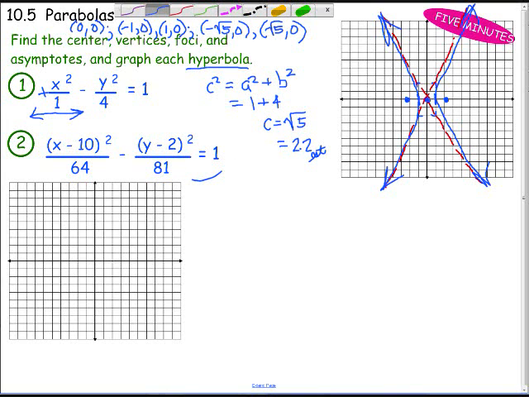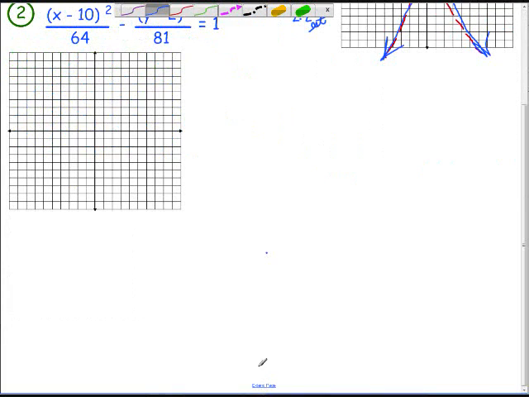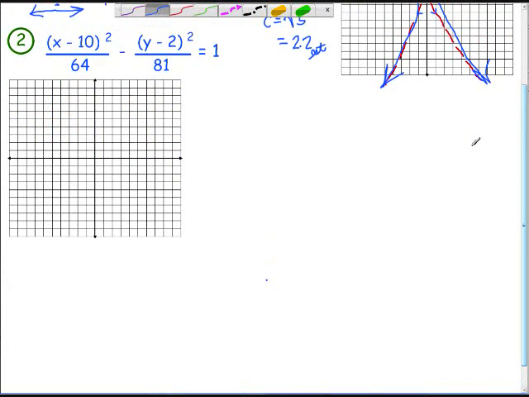Let's do the next one, which looks way more interesting, because where's my center on this one? Maybe I can extend the page, move this up a little bit. My center will be at 10 and 2, so 1, 2, 3, 4, 5, 6, 7.